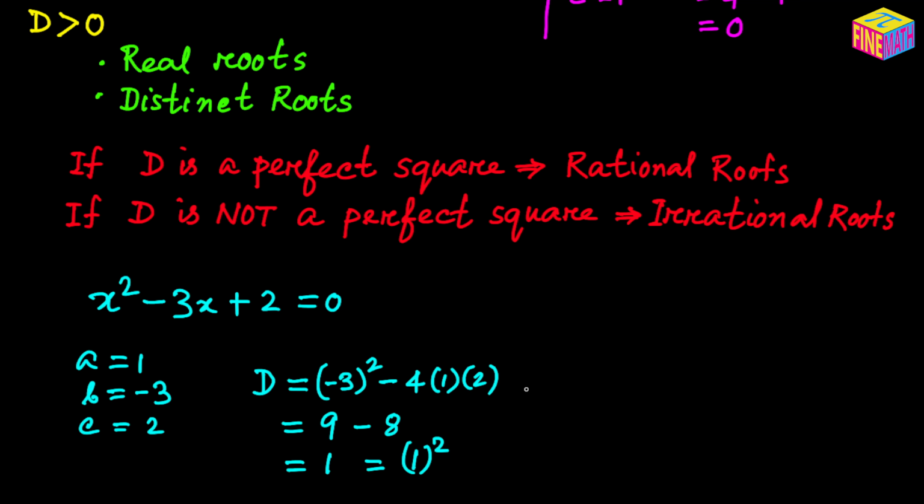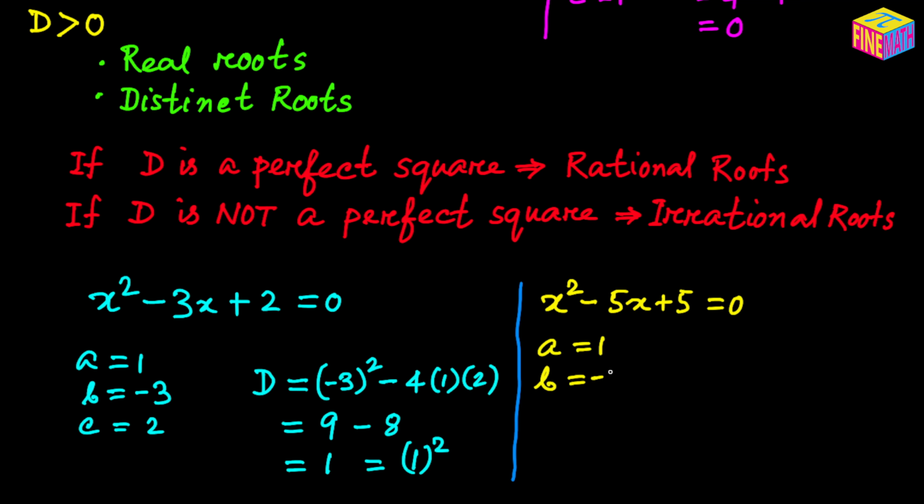Now let's take another example. Suppose we have an equation x squared minus 5x plus 5 equal to 0. Now here you can see that a is equal to 1, b is equal to negative 5 and c is equal to 5. So what will be the value of D? Well, D will be b squared, which is negative 5 squared, minus 4 times 1 times 5, right?